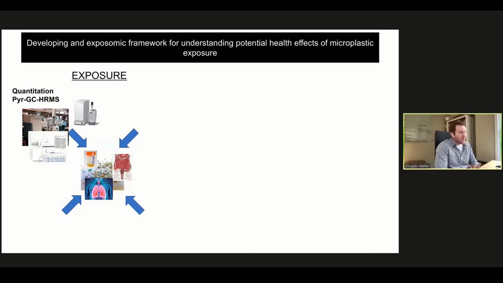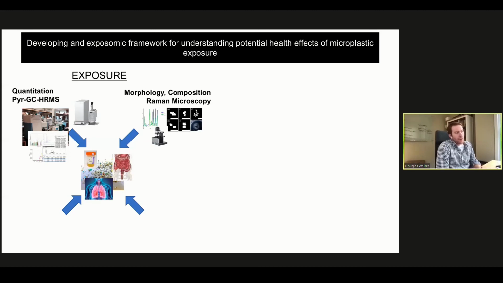characteristics of the particle. So for example, we're using untargeted GC high-resolution mass spectrometry with pyrolysis for quantification of particles. We're using Raman and other microscopy approaches to understand morphology. We're looking at spatial mass spectrometry approaches to study compartmentalization.